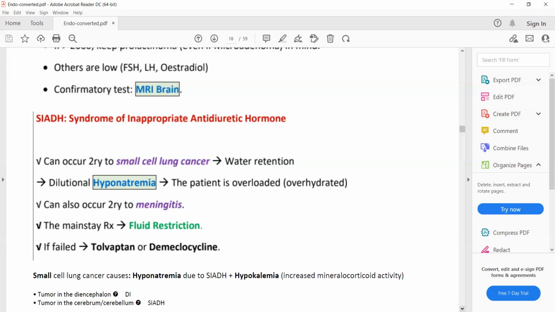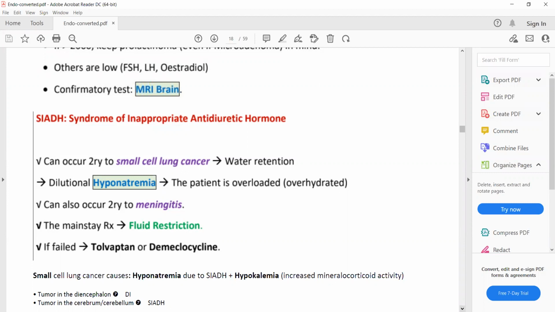And the other causes of SIADH include meningitis. Meningitis can also cause SIADH. Stroke causes SIADH. Hemorrhage can also cause SIADH. So basically you can say that if there are problems in the cerebrum or cerebellum, then SIADH will result.